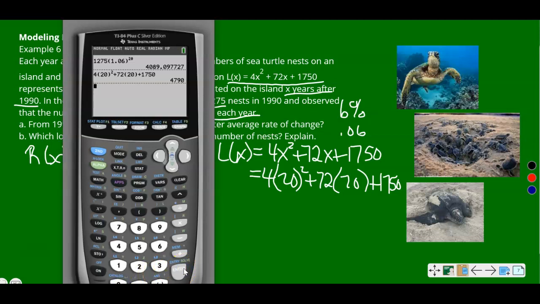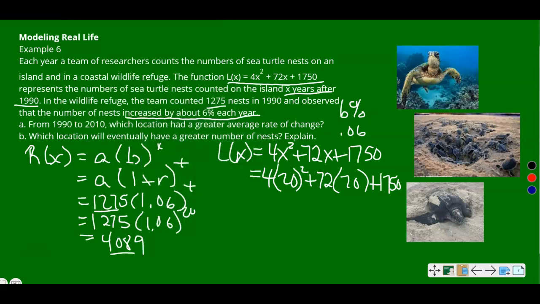And that's 4,790. All right, and again, we know that the original amount here, the y-intercept, is 1750.